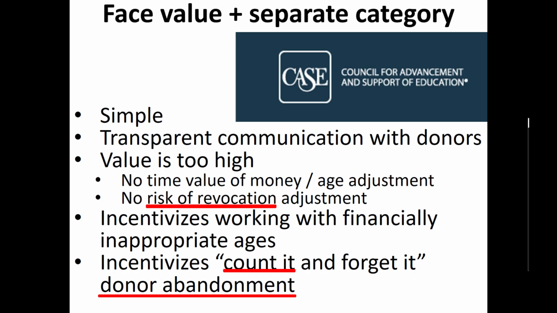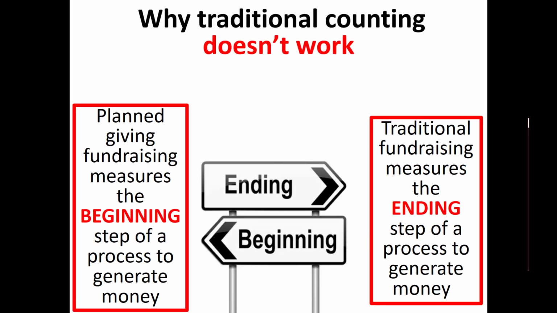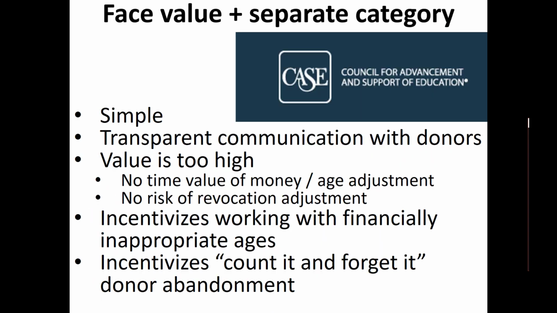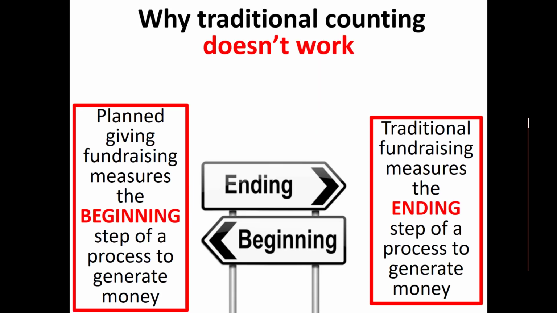And here is a bit of the issue on why traditional counting doesn't work. Traditional counting, of which this is an example, doesn't work because planned giving fundraising measures the beginning step of a process to generate money.